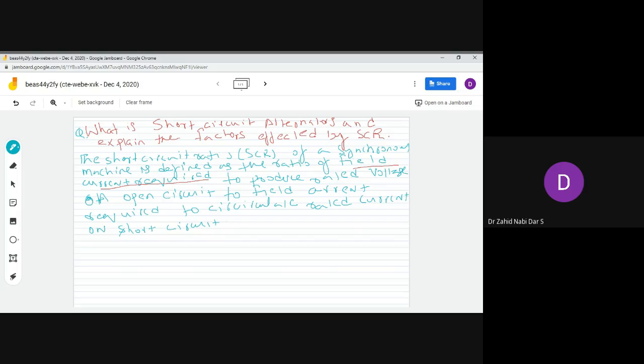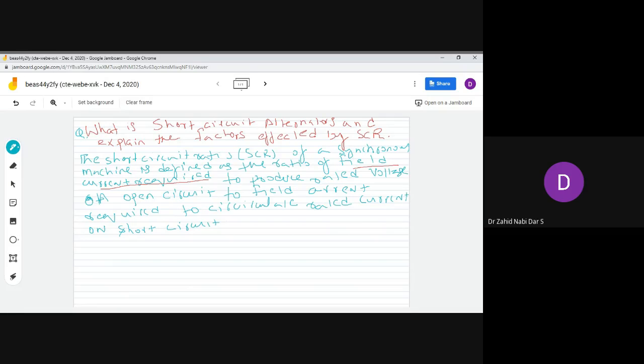How can we describe the voltage regulation of a machine?